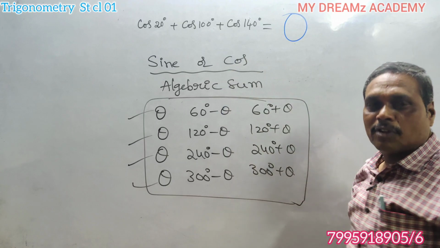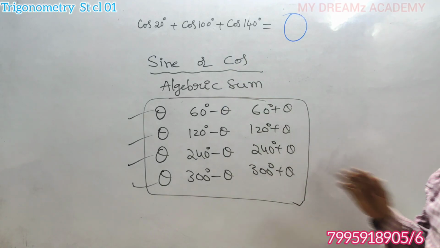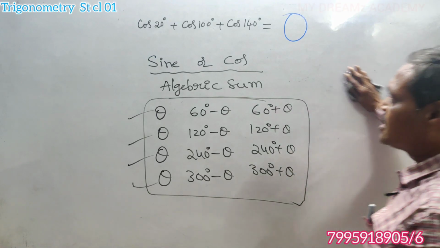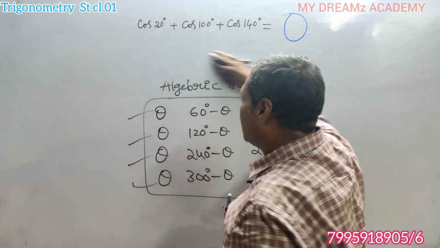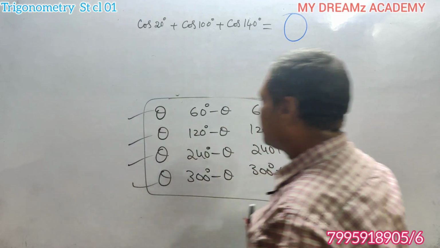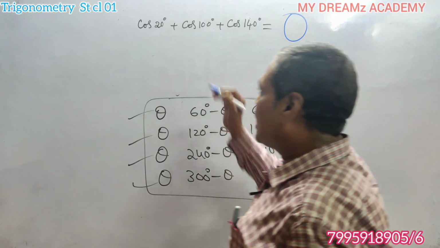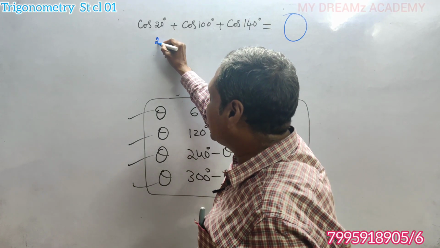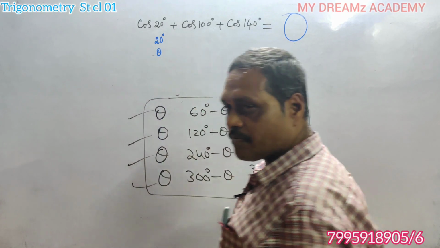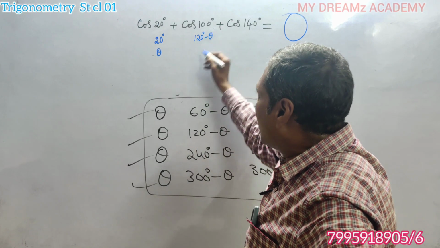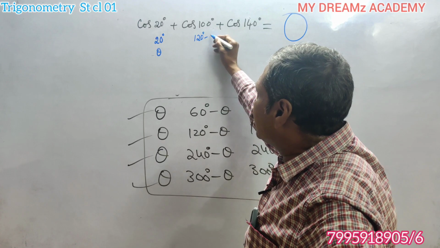For all, for sine or cos, in this type of problems, no need to solve anything. Just observe the given angles, that may be sine or cos. Just see whether the given angles, this is 20, that is theta. This 100 is 120 minus theta, 120 minus 20.